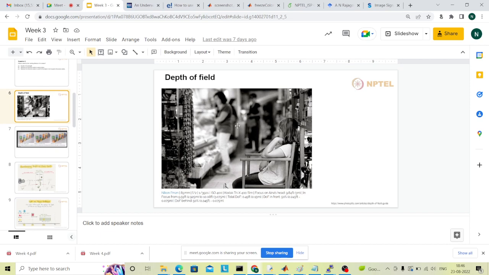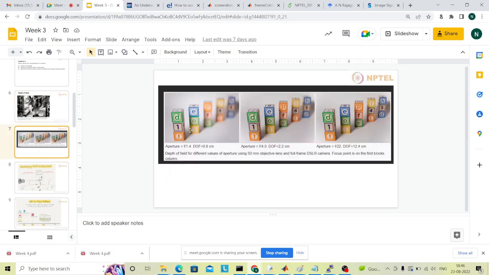So we can say that the depth of field is very large. So in this figure, the first portion will have a similar blur, so we can say the depth of field is less. But in the second picture, from this point to the third block, it is focused, no? So we can say that depth of field is more here.